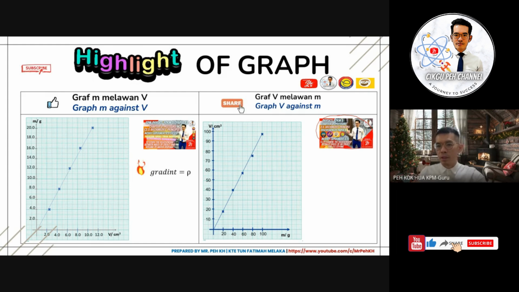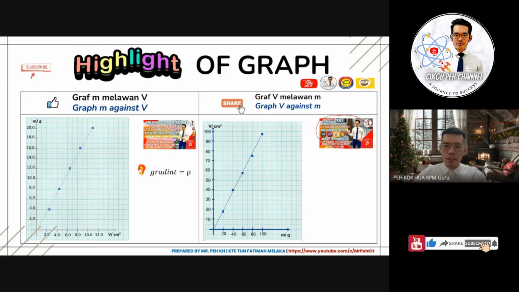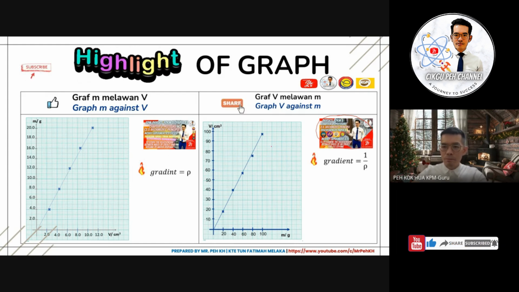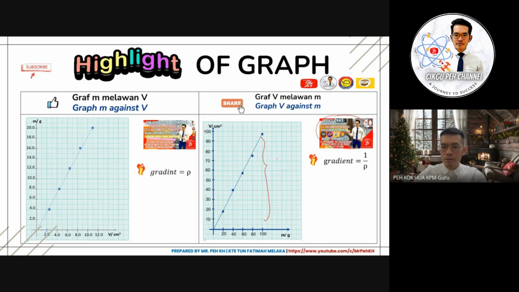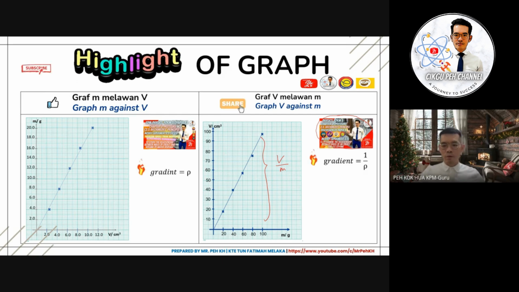So here the graph represents V against M. This is actually the reverse of the density, which is 1 over density. So this is the difference between these two types of graph.